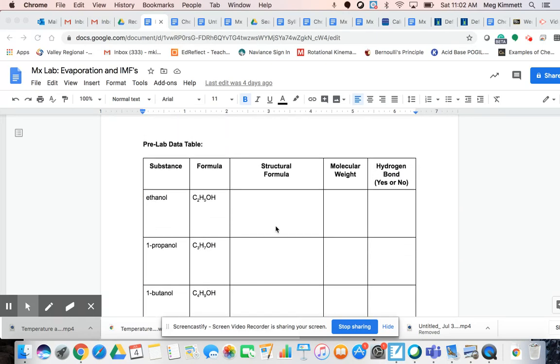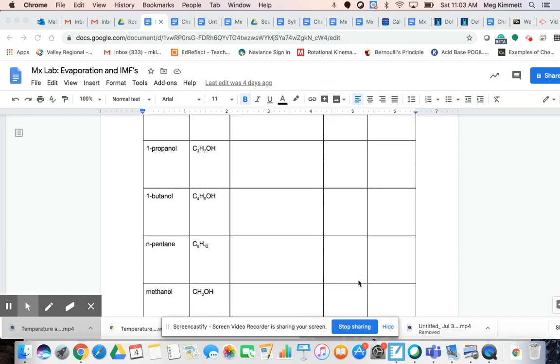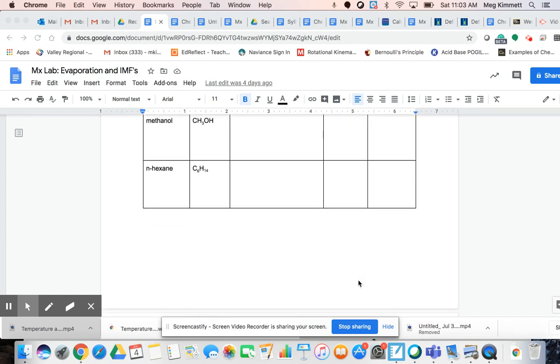So you'll do the Lewis structure out, where you're going to distribute all of your unshared valence electrons and distribute your bonded electrons with just a single dashed line, as I did in my lecture notes for you. Then you'll identify the molecular weight, and then you'll identify yes or no if the molecule has hydrogen bonding. So that's all pretty straightforward.